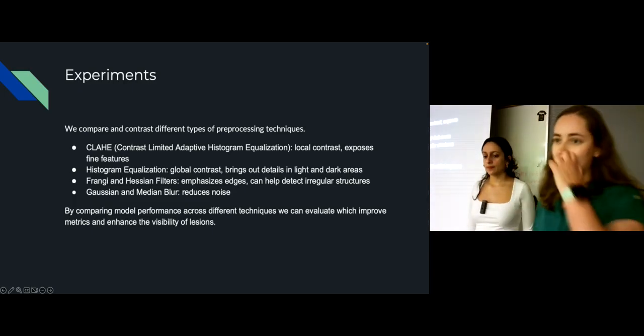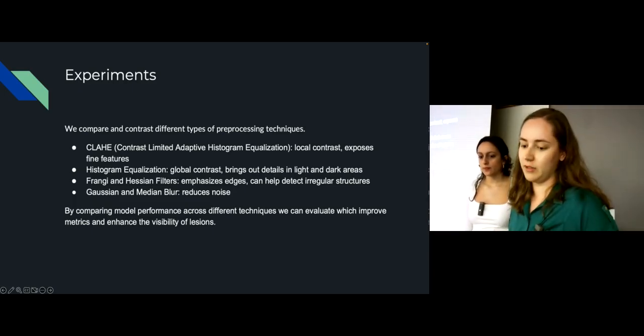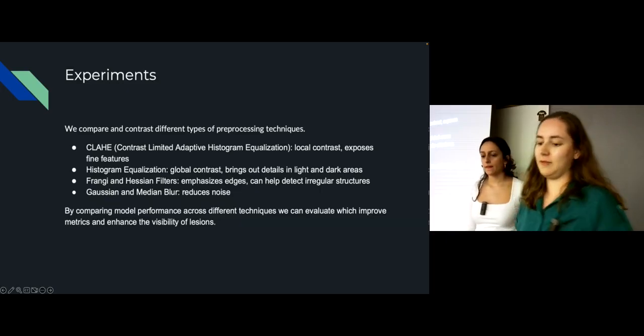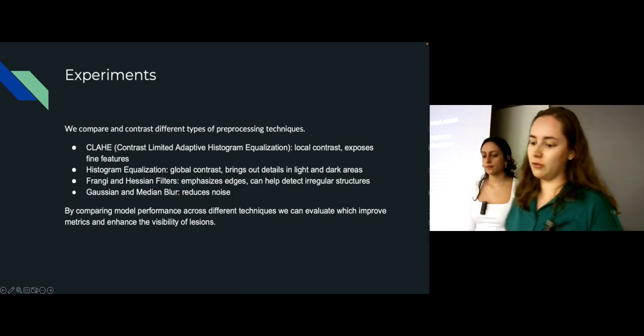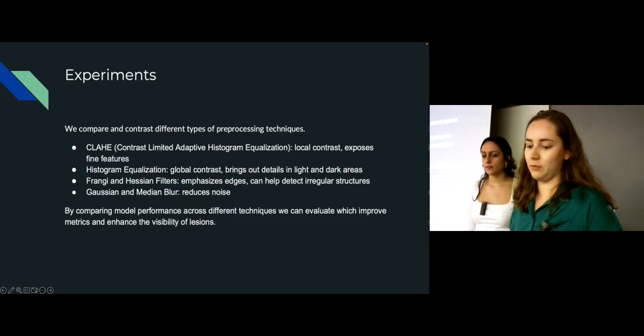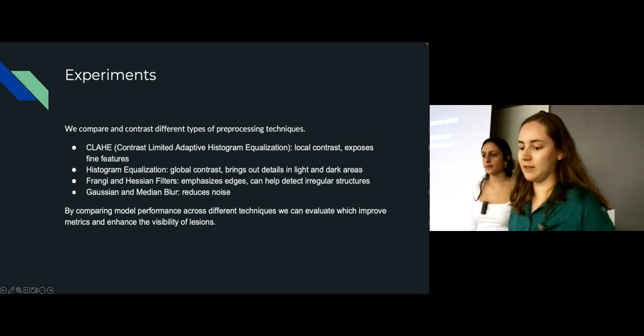The experiments that we focused on were comparing and contrasting different types of preprocessing techniques. CLAHE, or contrast-limited adaptive histogram equalization, gives local contrast and exposes fine features, and regular histogram equalization provides global contrast and brings out details in light and dark.